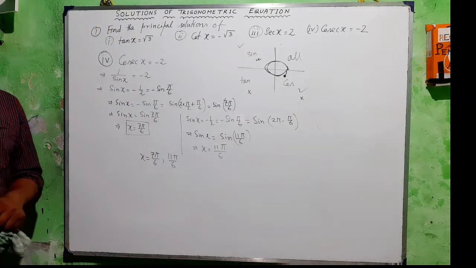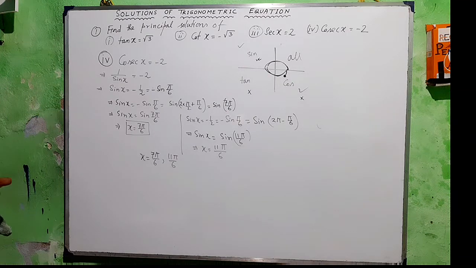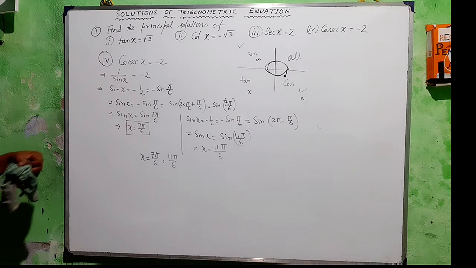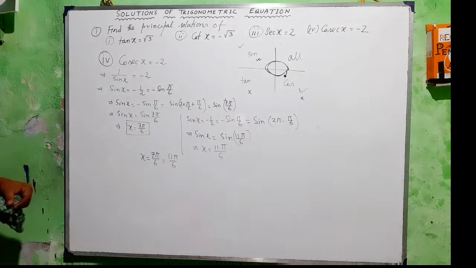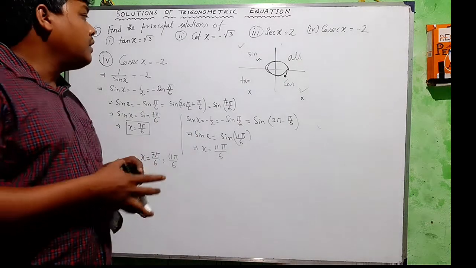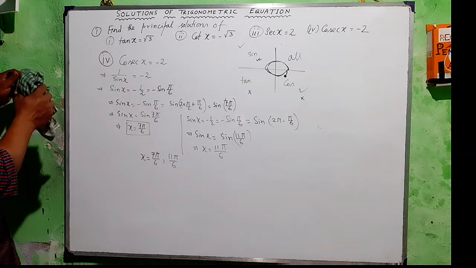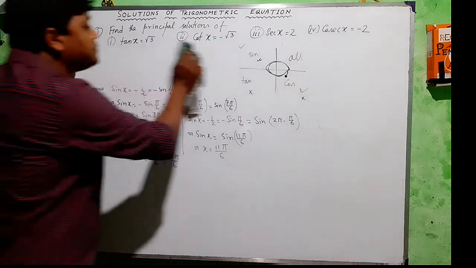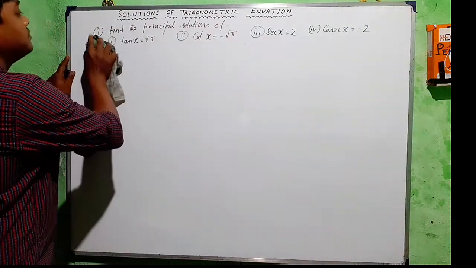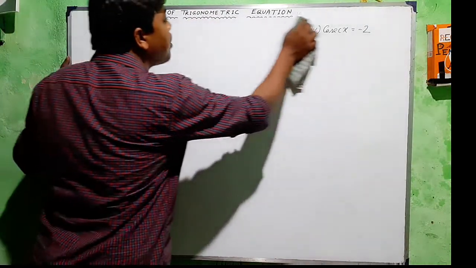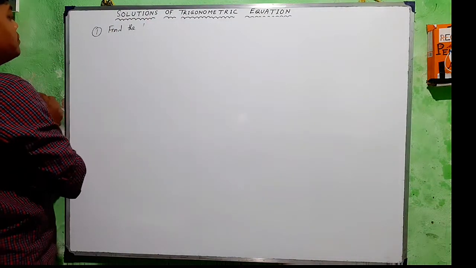Okay, similarly. So next, problem number 2, we are trying to find the general solutions of the equation for a particular problem. Okay, so I erase this part. Find the solutions of problem number 2.